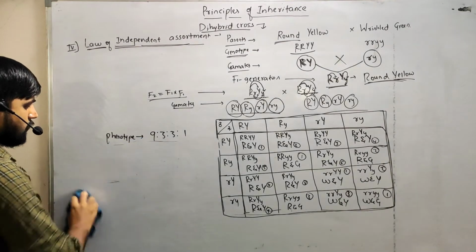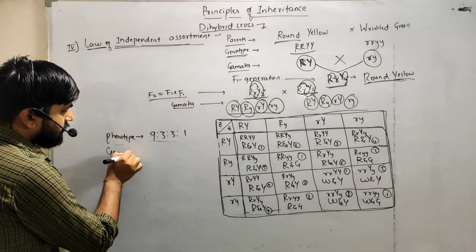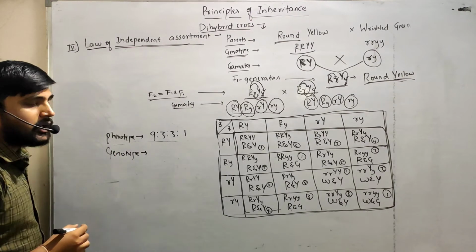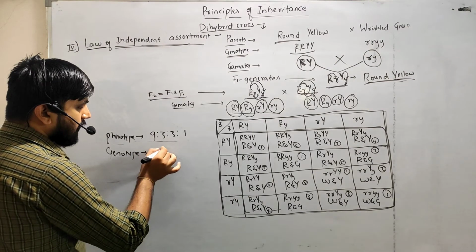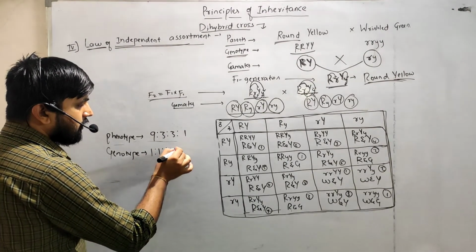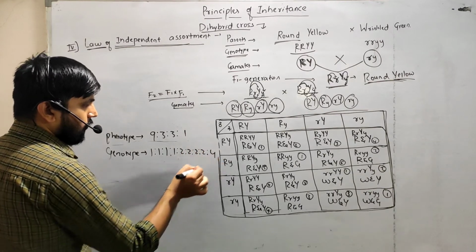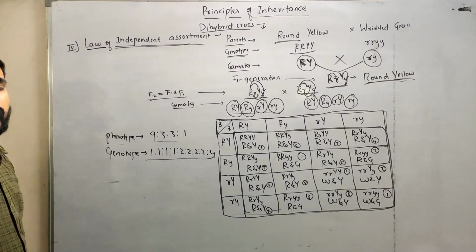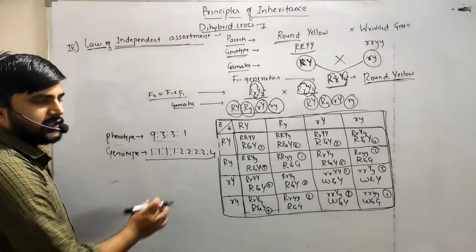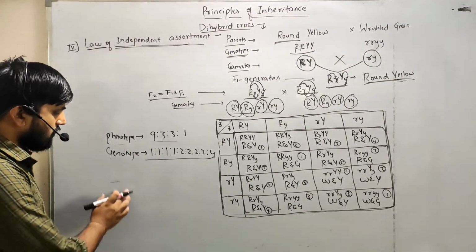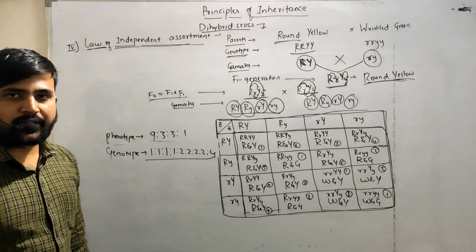And if you see the genotype, the genetic constitution of the F2 generation, the genotype of the F2 generation is 1:1:1:1:2:2:2:2:4. This is the genotypic constitution of this F2 generation, right? So this shows the dihybrid cross.